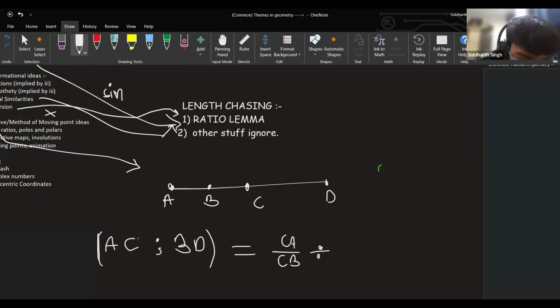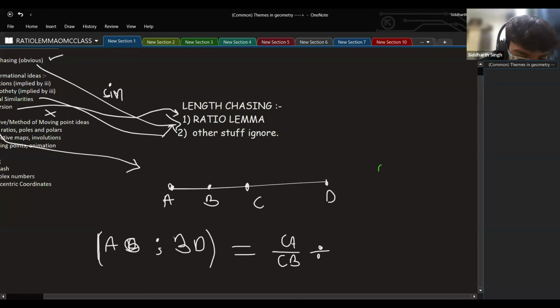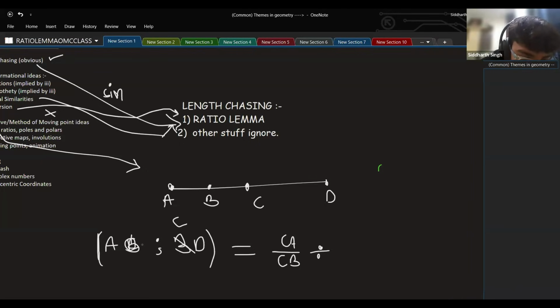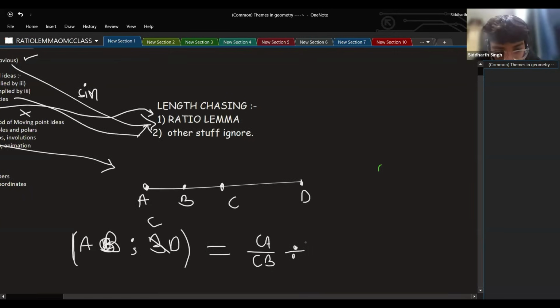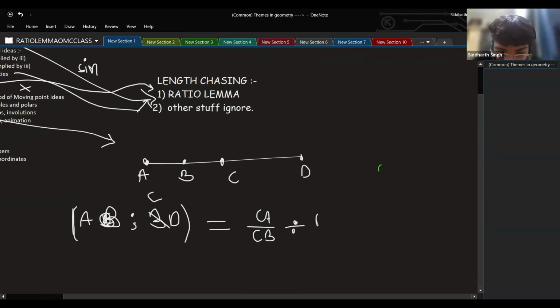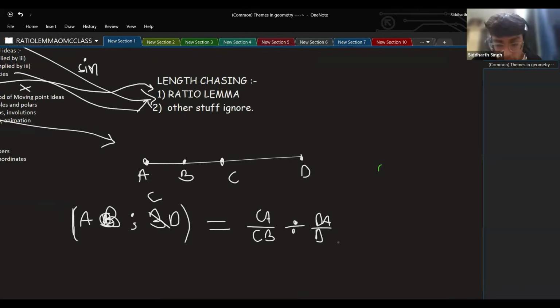Wait, have I written this correctly? Oh no, I have not. This is B, guys. Okay, so the cross ratio (A, B; C, D) is just defined as CA by CB divided by DA by DB. Can anyone see how this is related to ratio lemma?